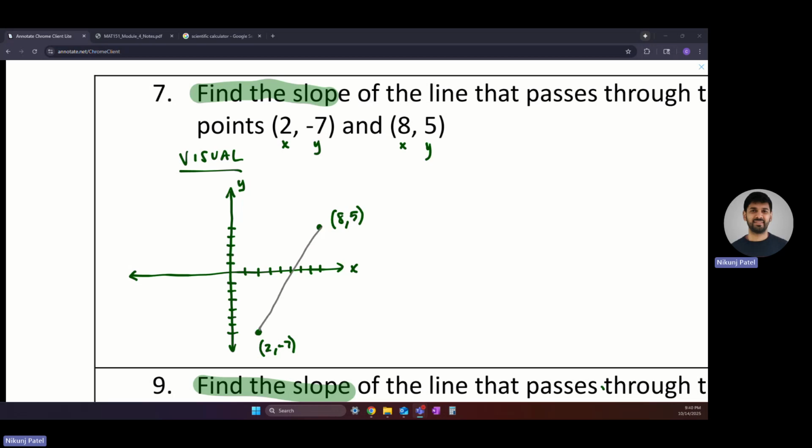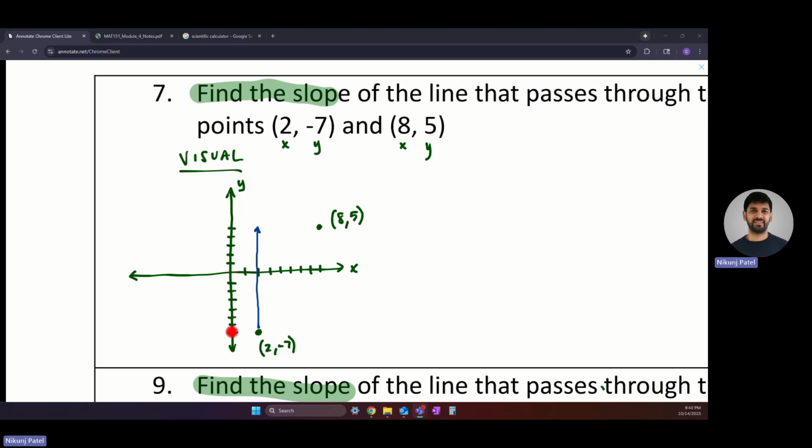Now visually, to determine the slope, we need to figure out how steep that line is that connects them. So the best way to do that would be to start with your left point, which is right here, and we're going to go up until we get to the level of where the other point is. And we need to determine how far up did we go. So if I was at -7 at the bottom level here and I go up to 5, look at these marks.